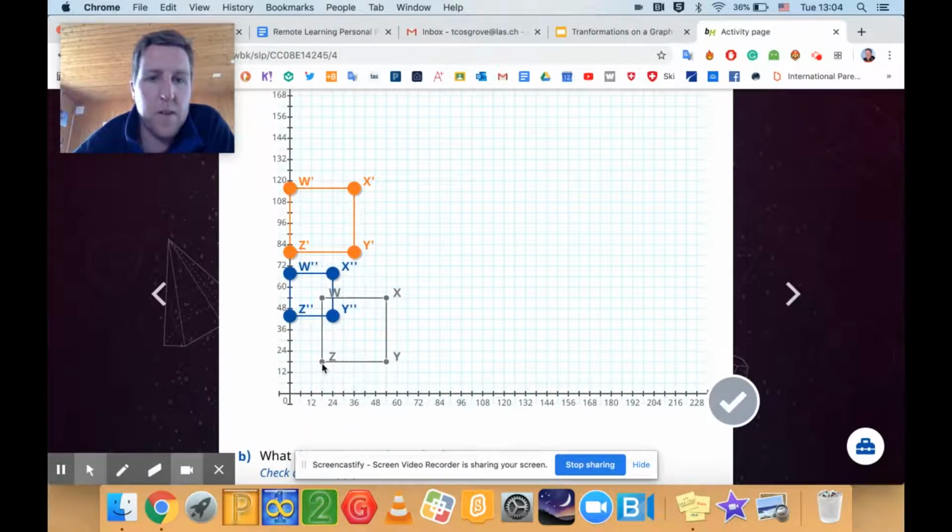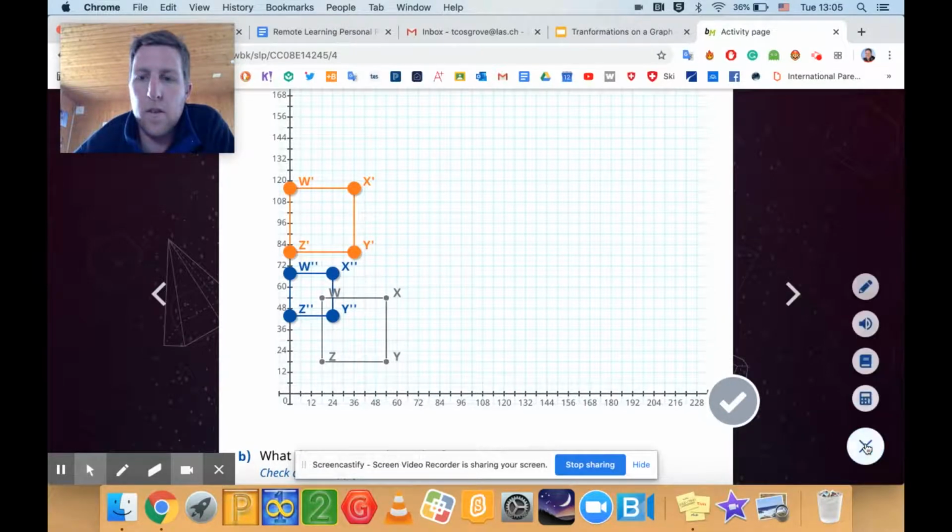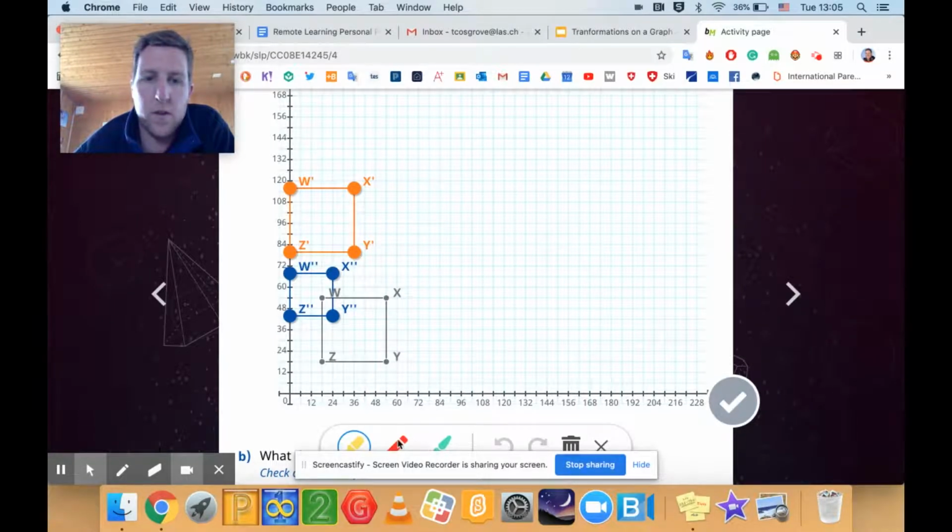So first, maybe let's start by looking at the coordinates right here at Z. So I might use the pencil tool. It's a bit slow on here. Okay. So we're going to start by looking at this coordinate here.